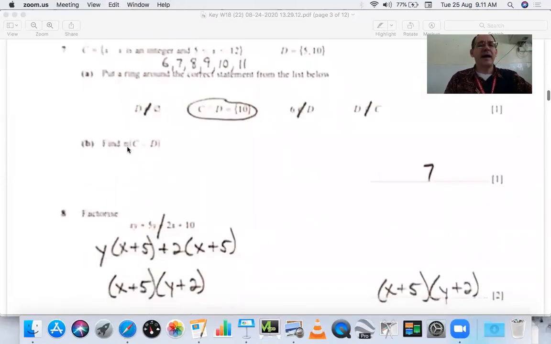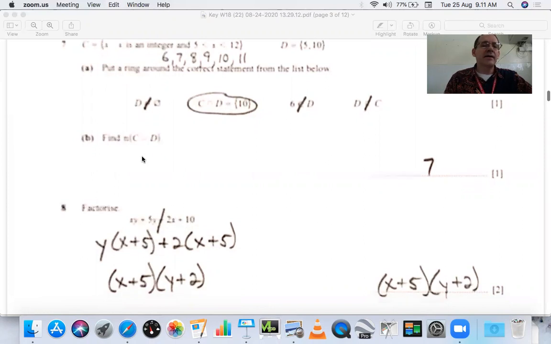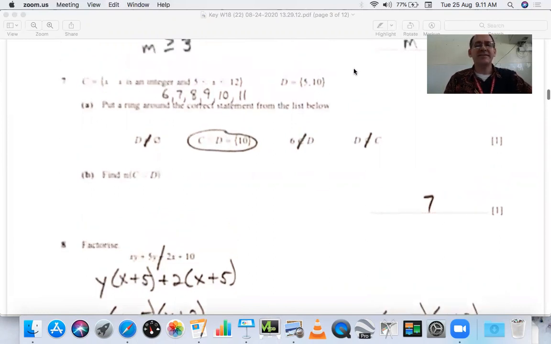This one says find the union of C and D, and there's a little n out here. That means the number, how many, not what are they, not to list them, but just how many. The little n means the number of elements when you join C and D together.